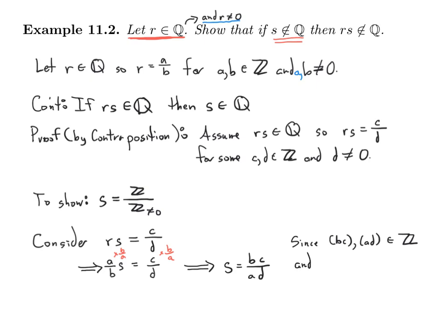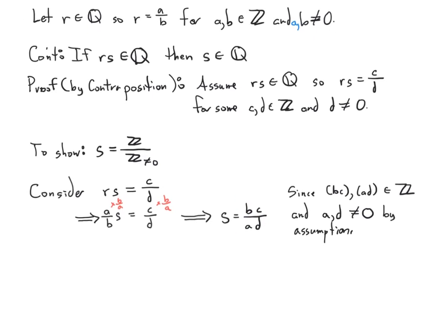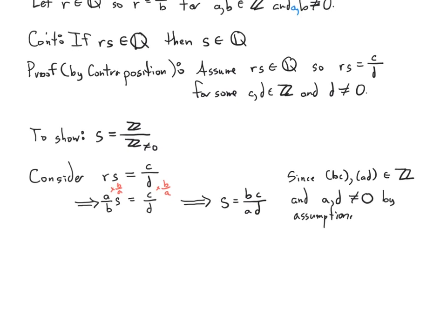And A and D are not equal to 0 by assumption. We have that we just wrote s as an integer over a non-zero integer. So let's scroll just a tiny bit and say, thus, s is indeed a rational number, and we're done our proof.